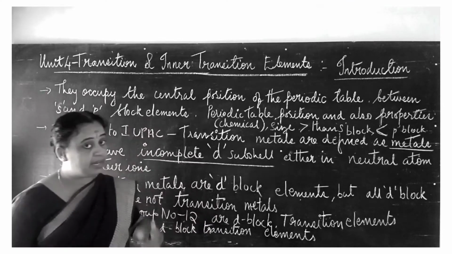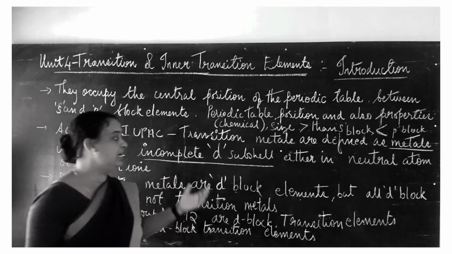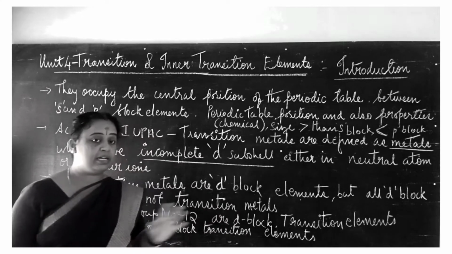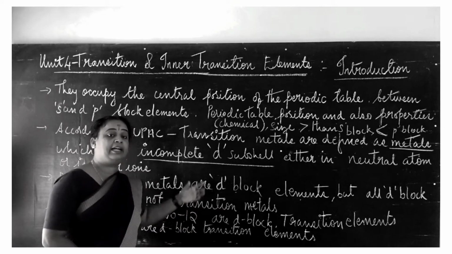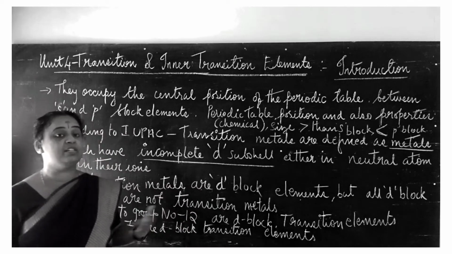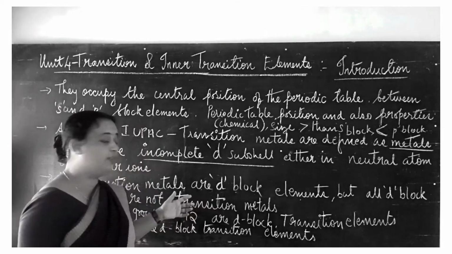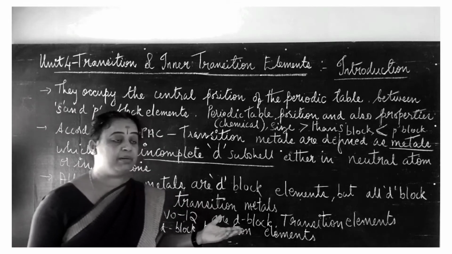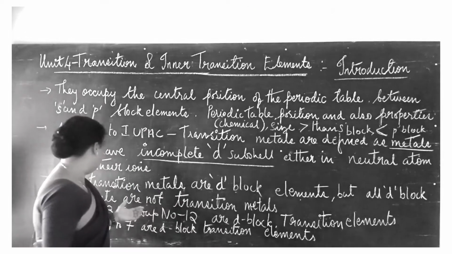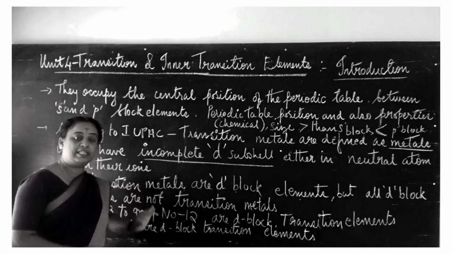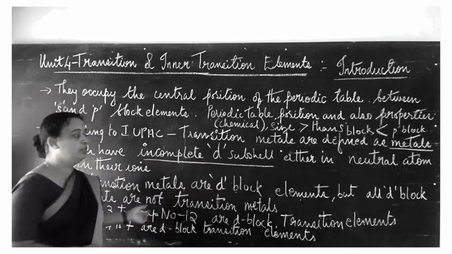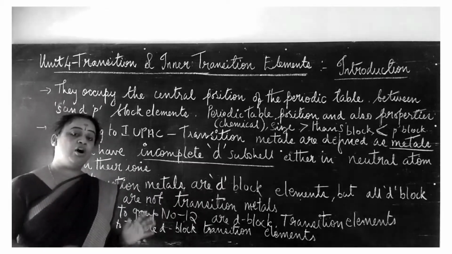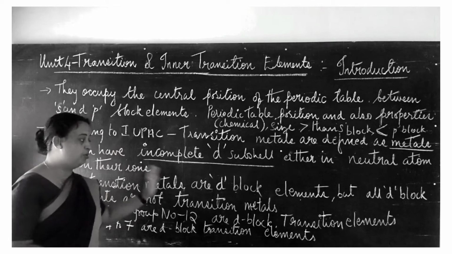So there are some metals in the D block which are not transition metals. We will see regarding that in an upcoming video, which elements act as non-transition metals. From this point you should understand that all D block elements are not transition, but all transition metals are D block elements.